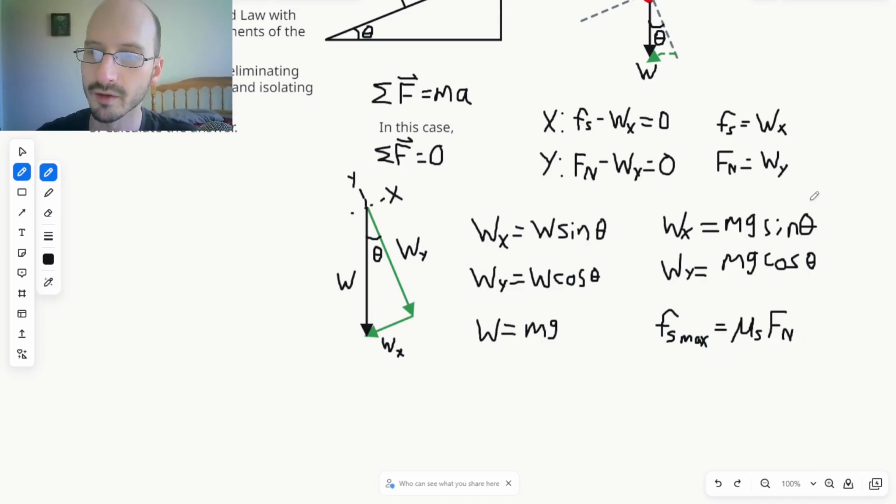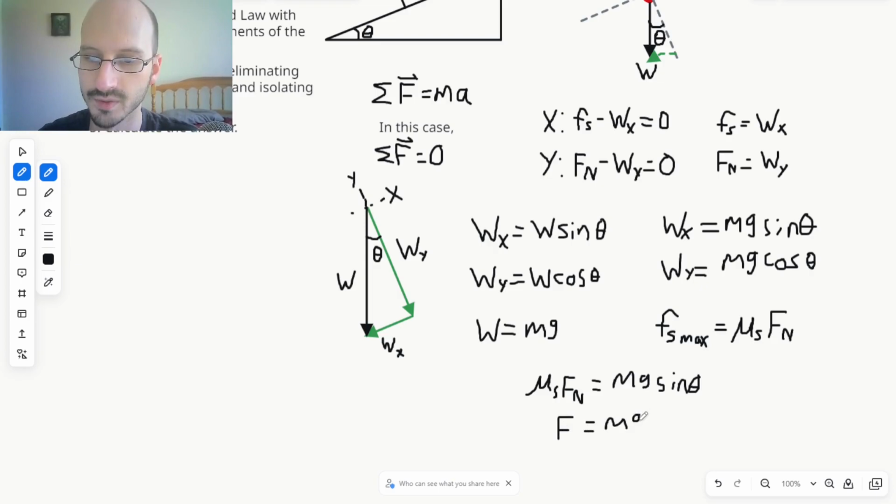So now that we have our three expressions, we can plug those in to our two equations right here. That gives us coefficient of static friction times normal force is equal to mass times g times sine angle, and normal force is equal to mass times g times cosine angle.